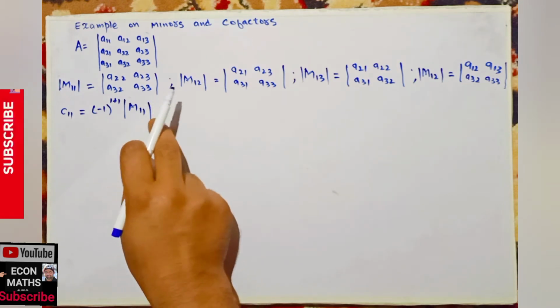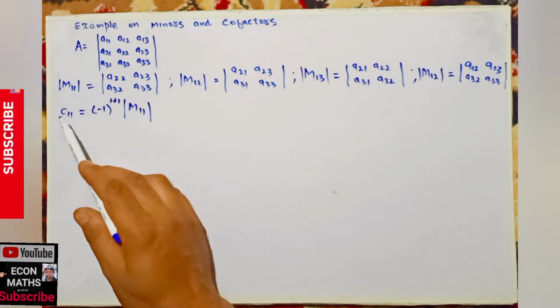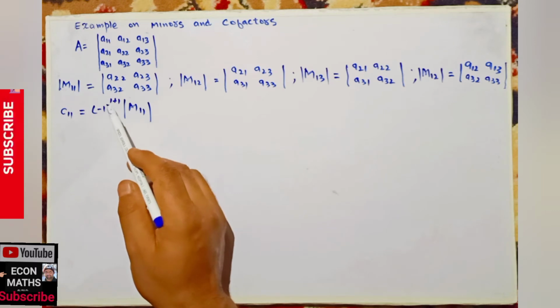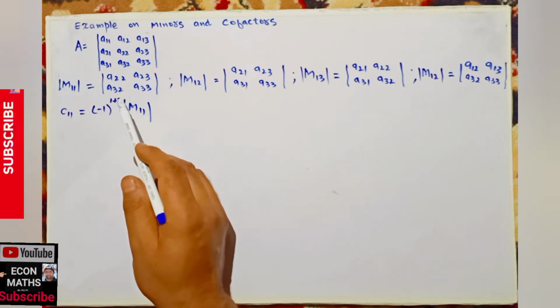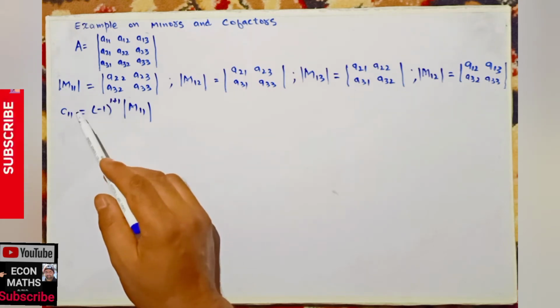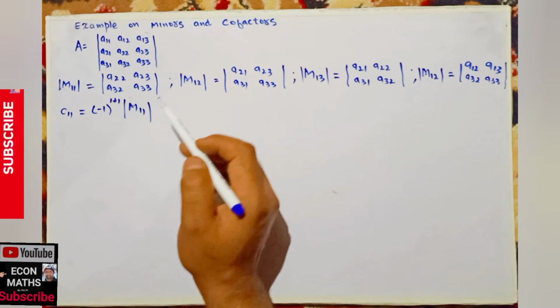So giving a minor a proper sign forms the cofactor. Here in this case, -1 raised to the power 1 plus 1, which is 2, is +1. So the first cofactor has the same sign as the first minor.